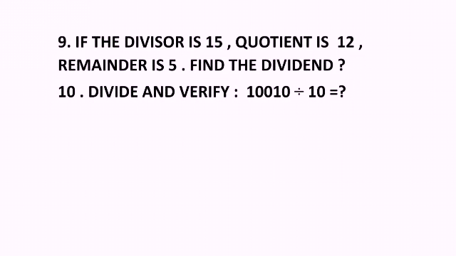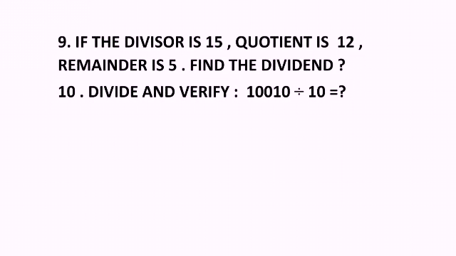Divisor means the number which divides the dividend. Dividend means the number which we divide. Quotient means the result of division, and remainder, from the name we know, means what is left. So the leftover of division is called the remainder.